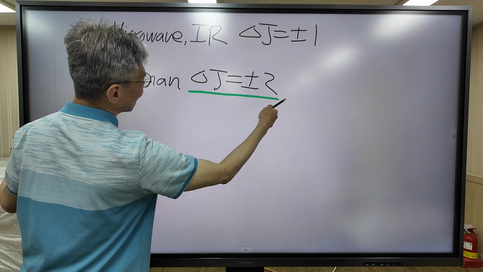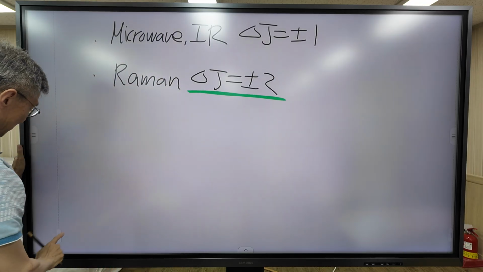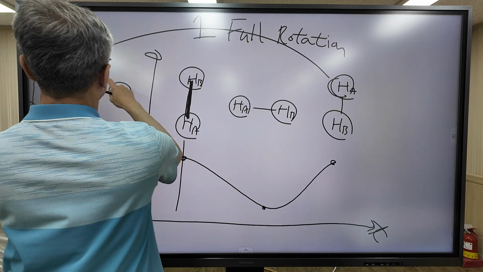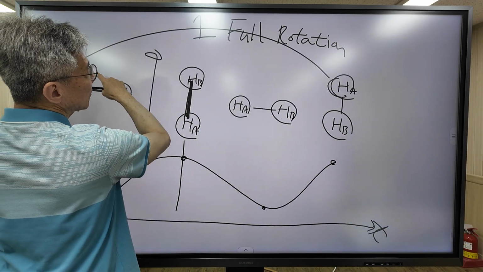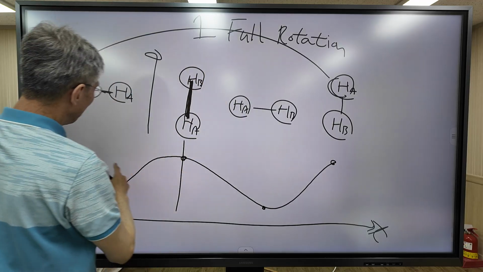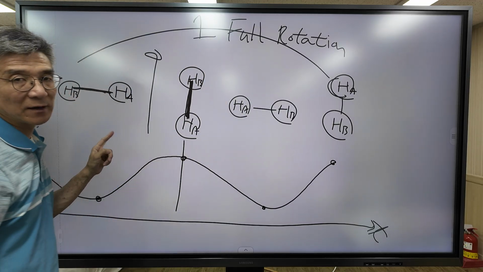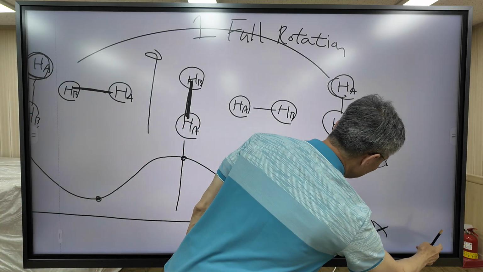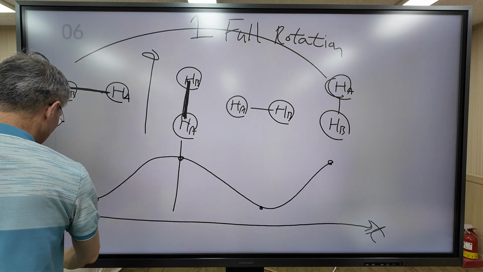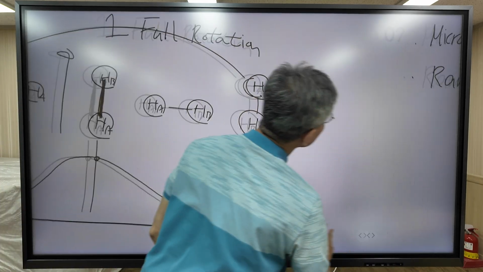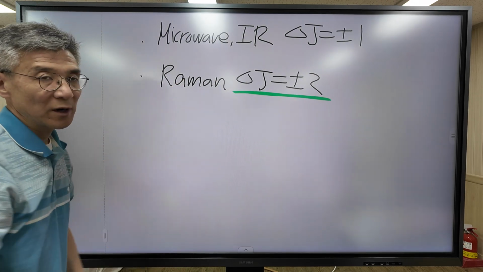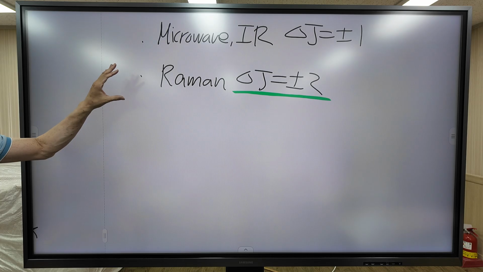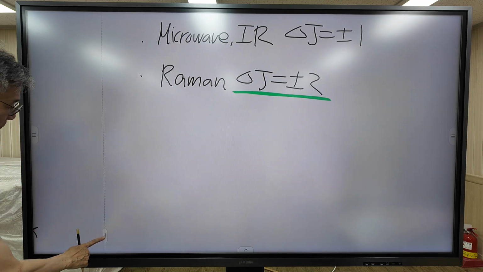This is very, very important. Why? Because when a molecule completes one full rotation, polarizability rotates twice as fast. So due to this fact, the selection rule becomes delta J equal plus or minus 2. With this selection rule, I'm going to simulate the rotational Raman spectrum.